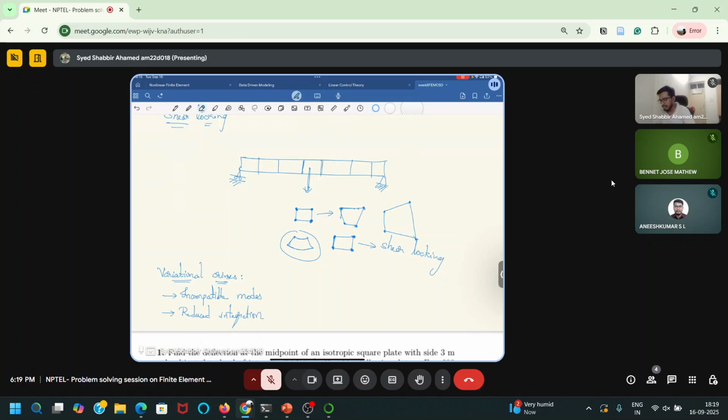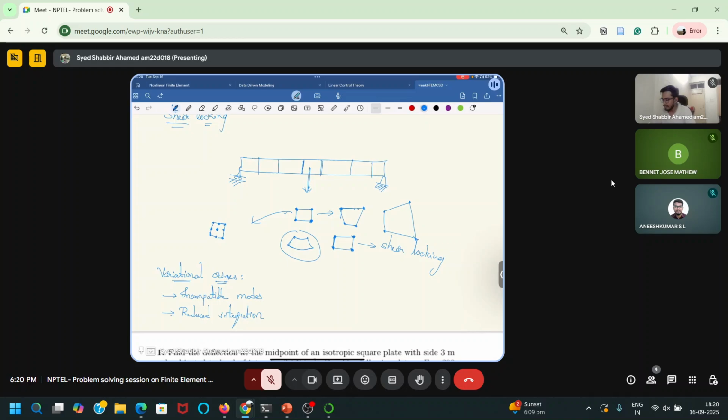in bending, if you want to avoid shear locking in this case, instead of taking a four noded element, I can take an eight noded quadrilateral element, or a nine noded quadrilateral element.